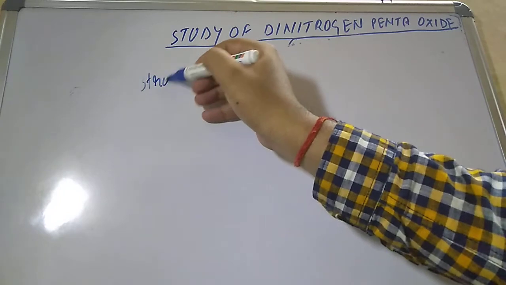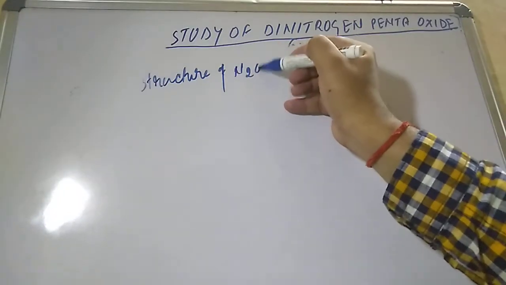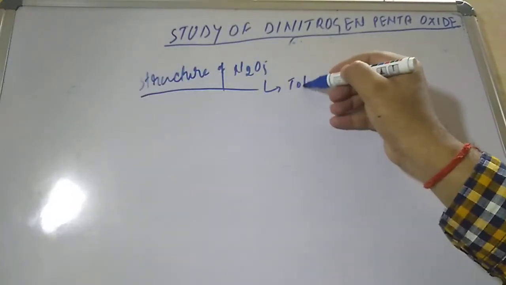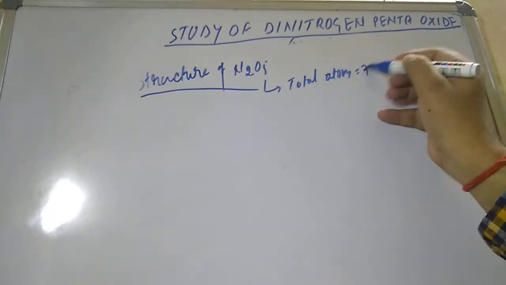If you want to study the structure of N2O5, how to study it? Total atoms: 7.